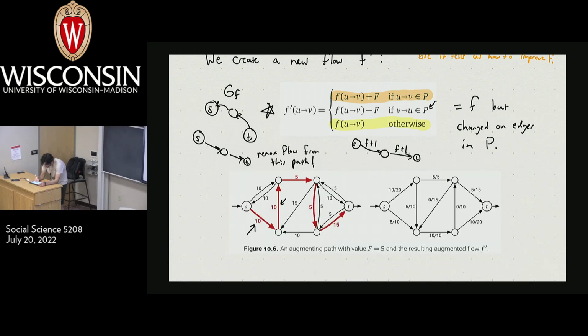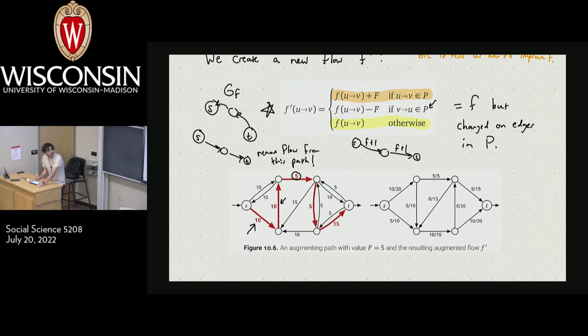Now, the issue here is the bottleneck is 5. So although we could increase the flow to 10 on those edges, if we do that for everything, we'll end up breaking some of the capacity constraints. So instead, we're going to use the minimum value. This 5 becomes F, capital F. And so we're going to add 5 units of flow through this path.